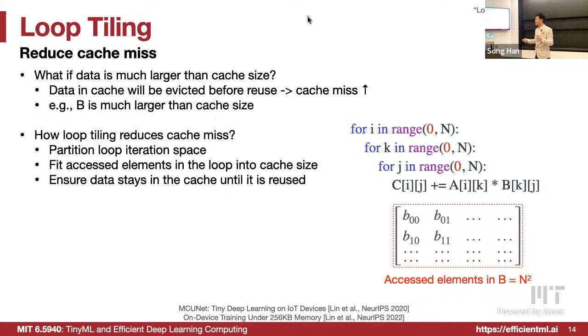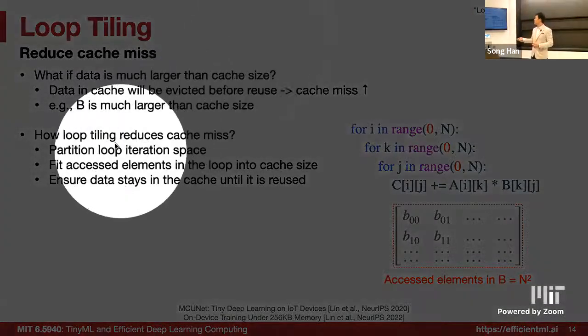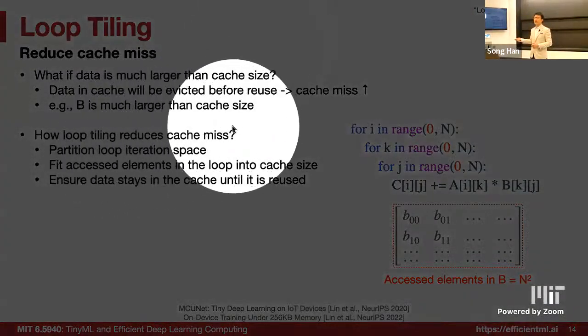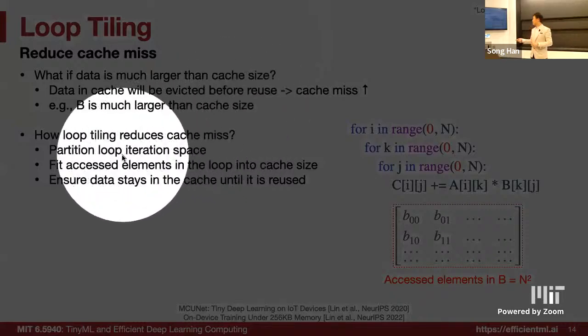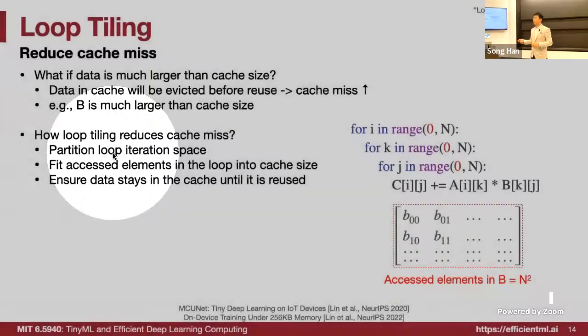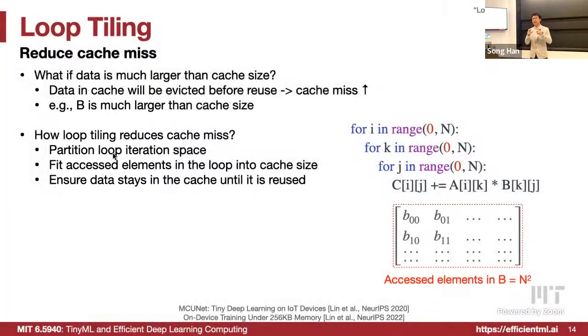So loop tiling basically partitions the loop iteration space. You can use several smaller blocks to iterate over, and we can fit the working set, what we are going to access, within the cache by choosing the granularity of the blocking, the size of each tile.